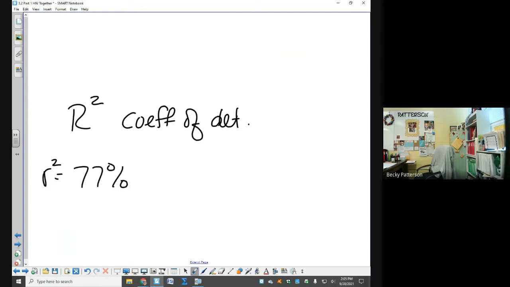77% of the variation in your price, because the prices are all over the place. So that fluctuation, 77% of that fluctuation can be explained by the model that relates miles and price. Which means 23% is accounted for by what?